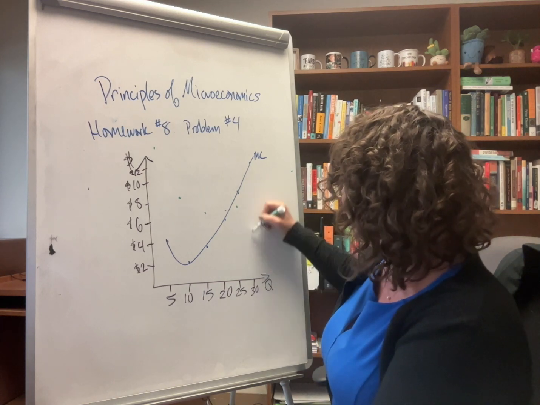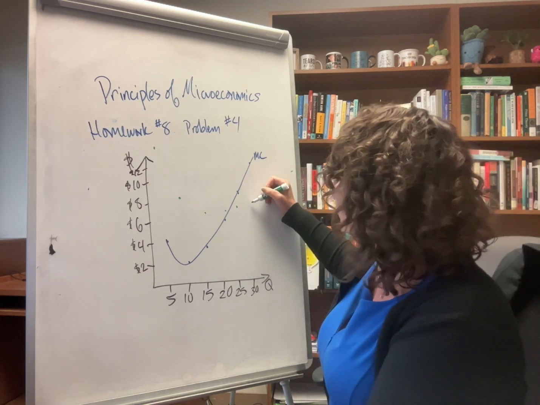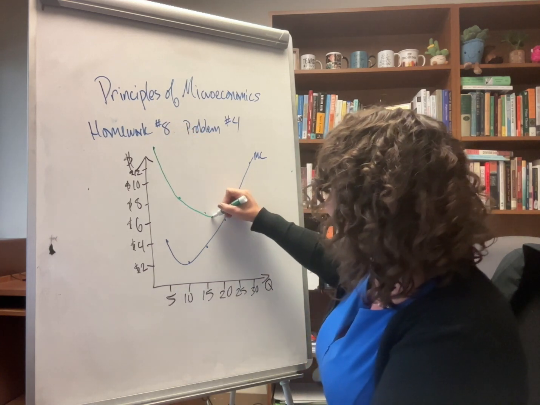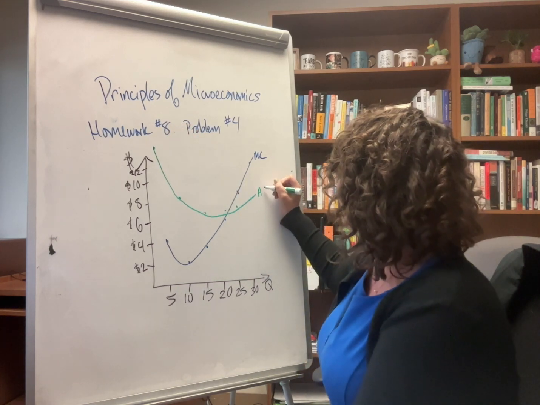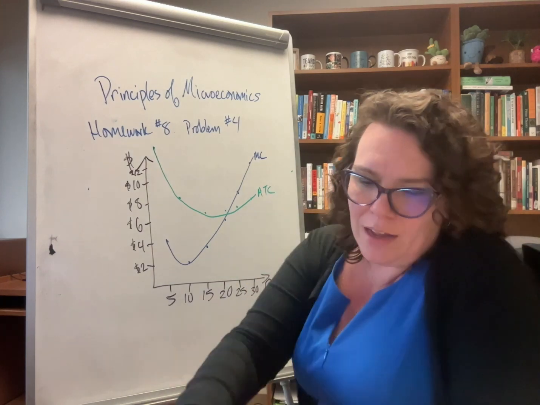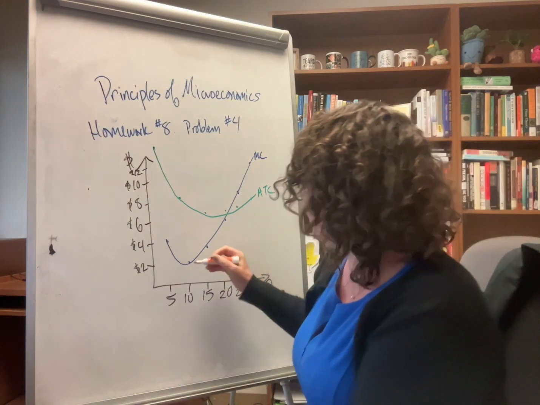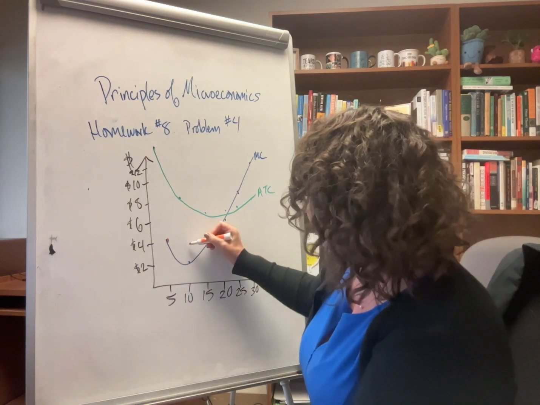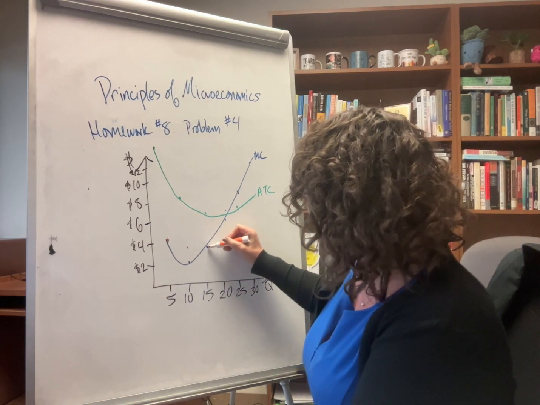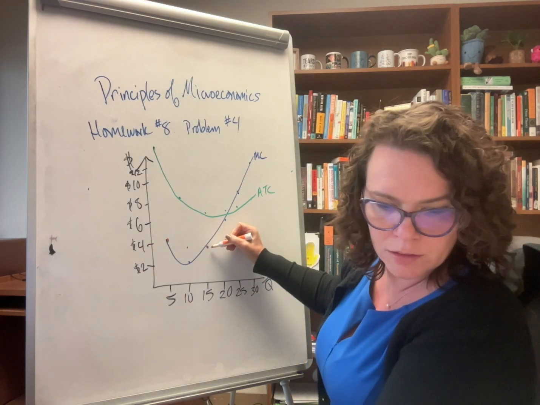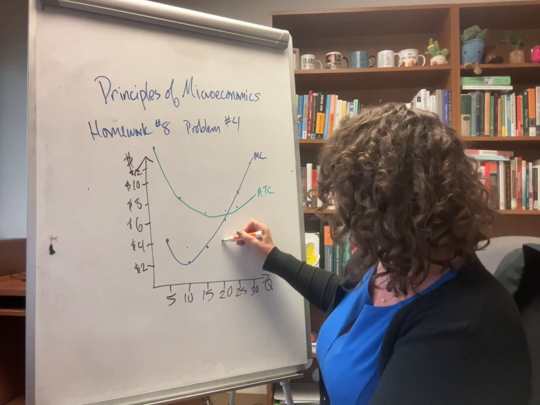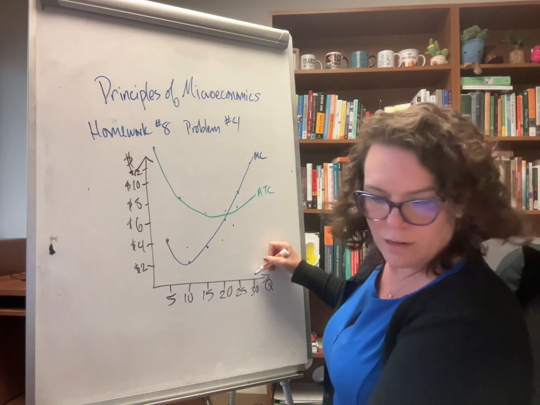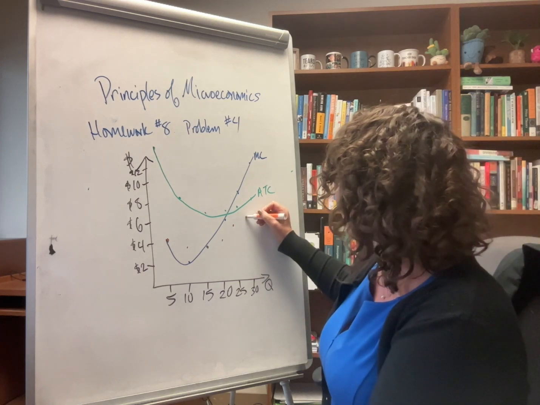And then 7 at a quantity of 30. That's going to be our average total cost. Average variable cost will be beneath that with 4, 3, 3.50, 4.40, and 5.33.